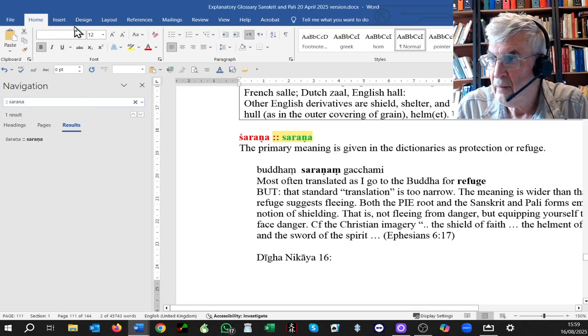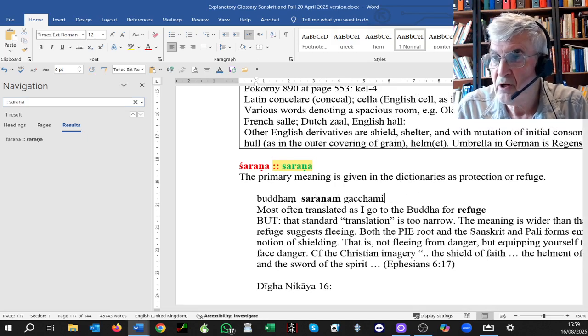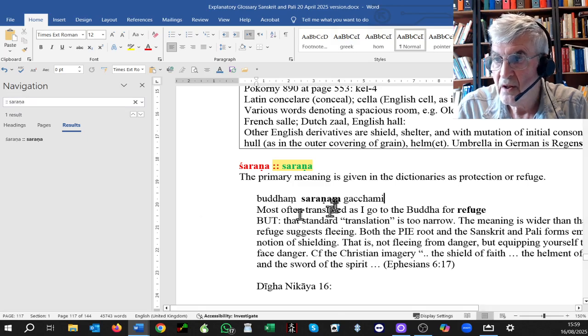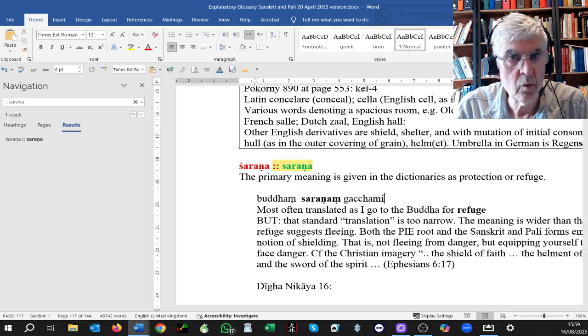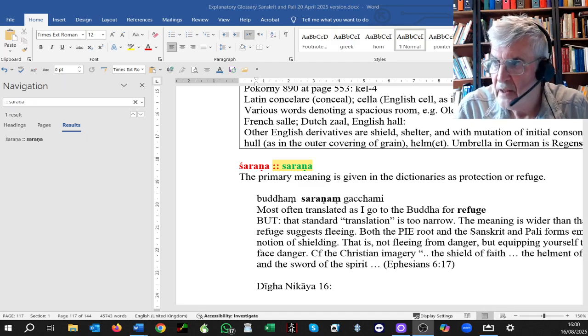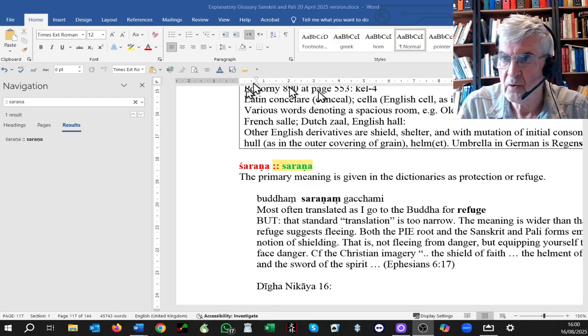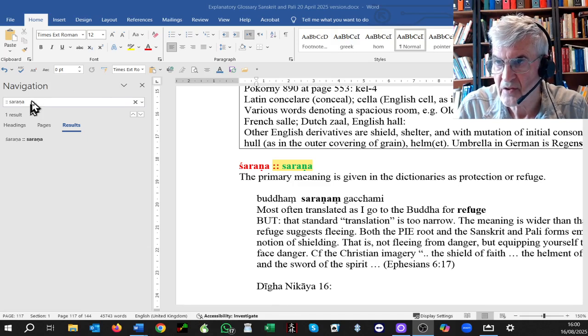Remember, always it's the double colon, space, and then the word, and that will take you straight to where the word appears in the explanatory glossary. Remember, if you don't put the double colon, space, it will take you to anywhere in the entire glossary that string appears. To go to my specific treatment of that word, you have to do the double colon and space.